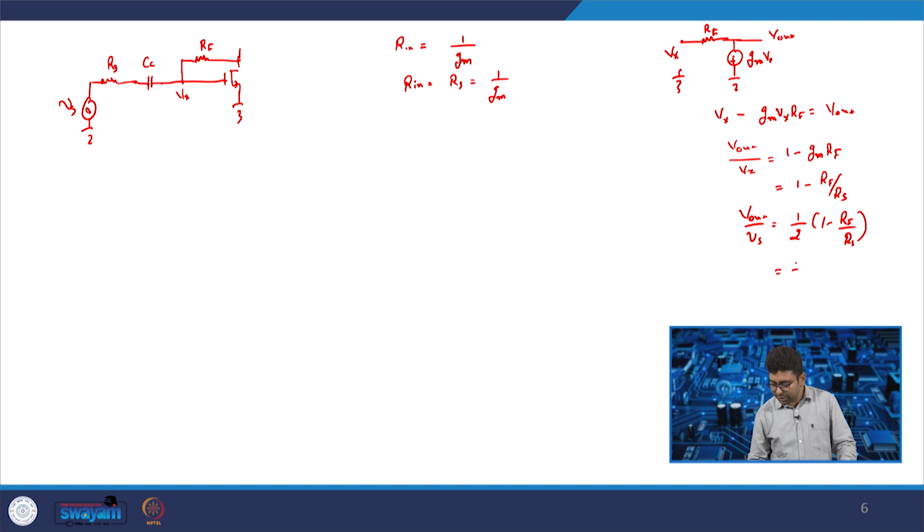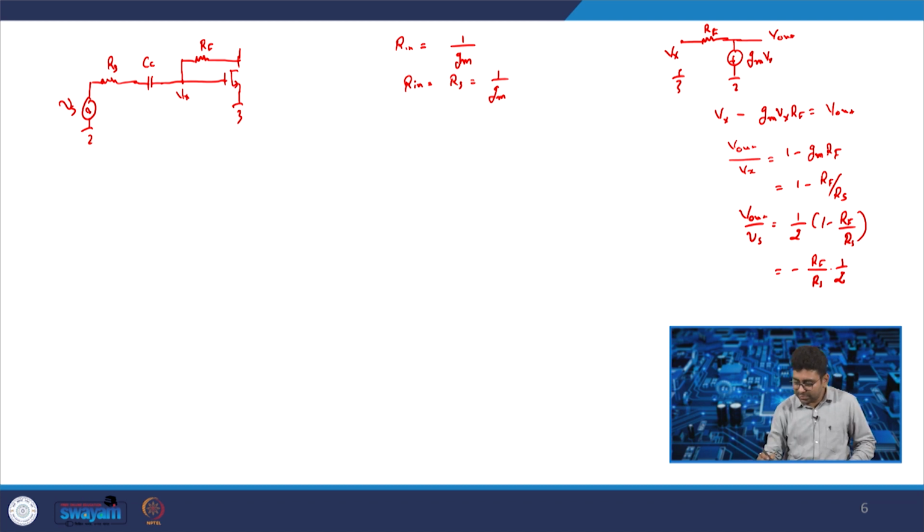We can also mention it as minus Rf by Rs into half, if this term is higher. So, this is the gain of the amplifier. As we discussed in the previous example, what we need is the input impedance, gain, and we also need the output impedance, because in this case it is not straightforward.